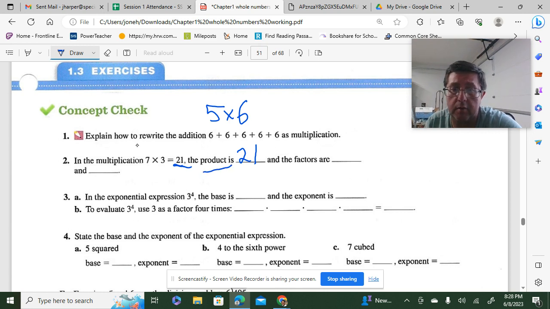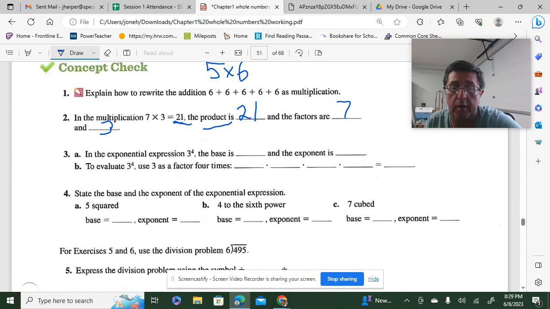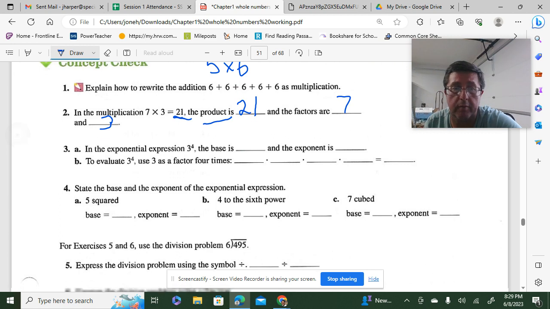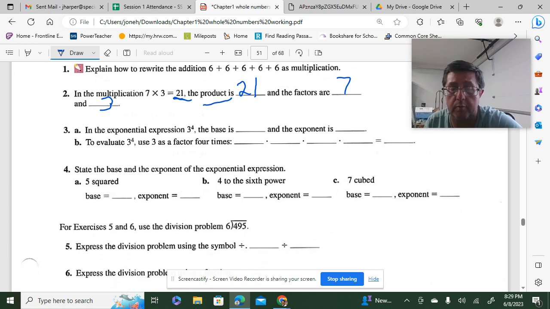And the factors are 7 and 3, because the factors are what are being multiplied. It doesn't matter what order the factors are in, the product will always be the same, at least when you're dealing with 2. It should be the same when you're dealing with more than 2, too, for all multiplication.